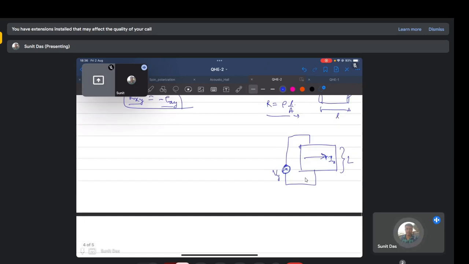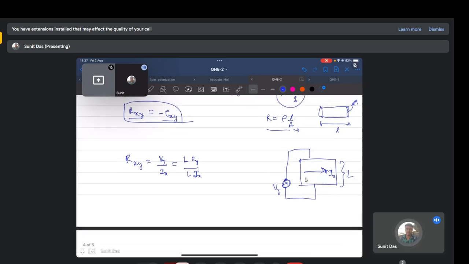So then simply we can write Rxy equal to the voltage that we have applied along the y direction and the current we are measuring along the x direction. What will this be? This will be L into Ey, and then L into Jx, right? How does this become so? Because of the application of voltage, there will be some electric field developed in these 2D materials, and the electric field value is, let's say, Ey.